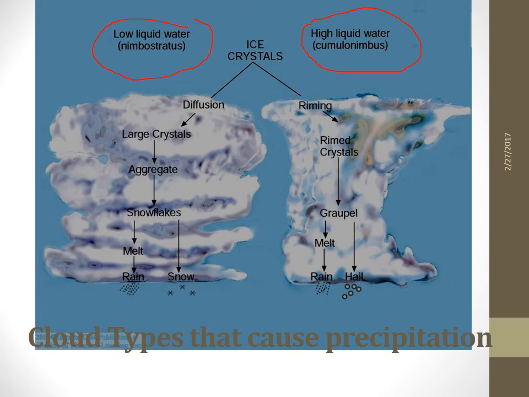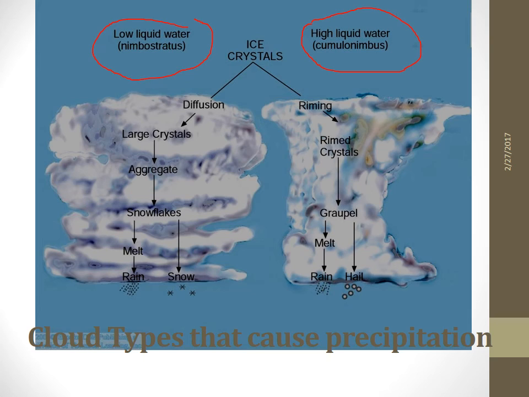And then you have the high liquid water clouds. You get more riming here, or rimed crystals, so the water droplets will freeze by themselves, and then more water come into more contact, and you get bigger ice crystals, and you can also get what are called ice rings. You can definitely see the difference in the different types of water that is creating the ice.